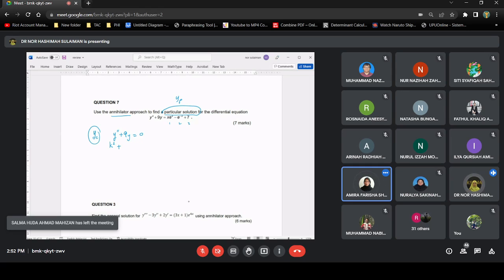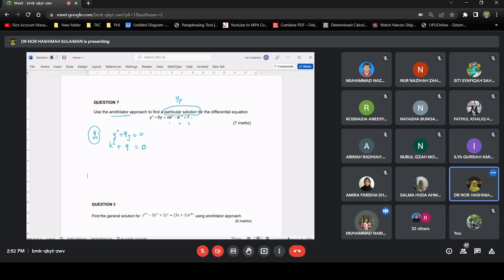Tambah 9. Tambah 9 Nabil. Bukan 9K Nabil. Okay doktor. Dah tolak markah untuk Nabil kalau Nabil letak 9K. So kalau tak nak tolak markah ingat ni.